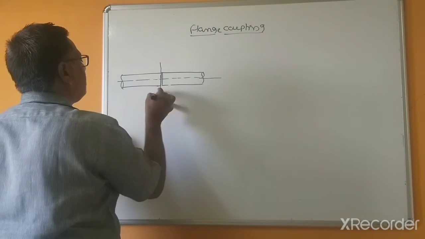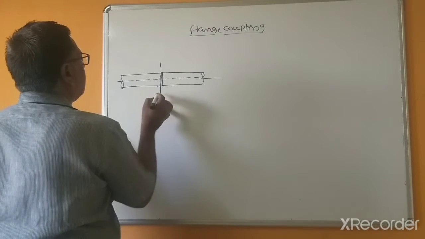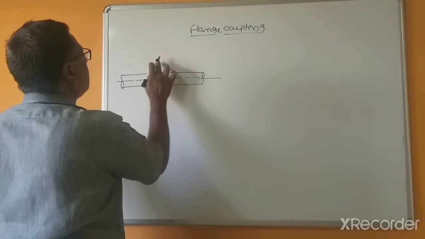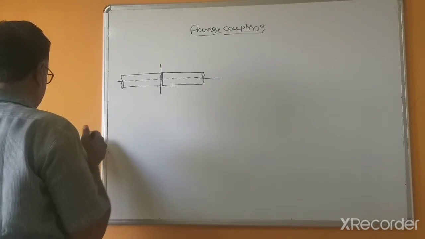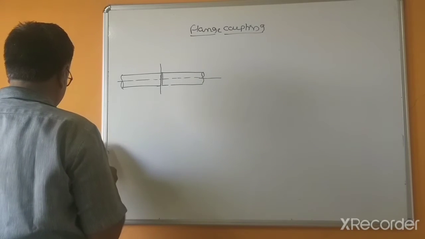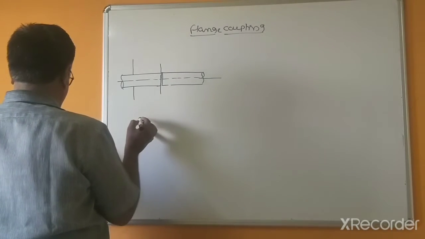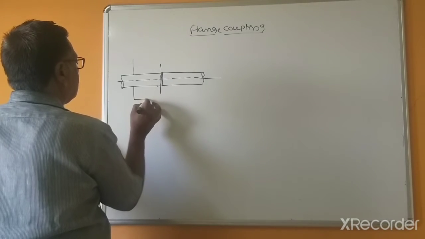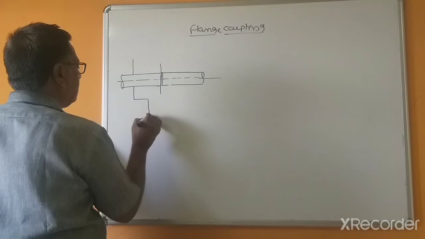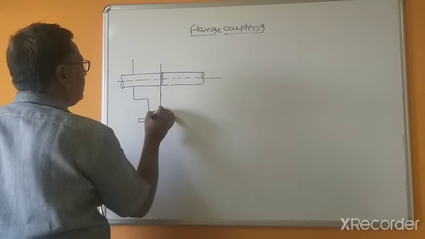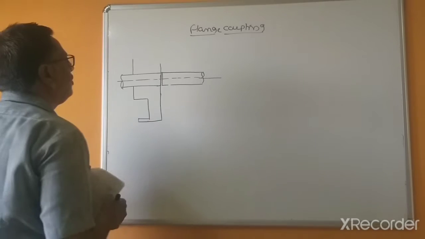And this is the flange or hub, and the dimensions of the hub. Here are two types of couplings: the protected type flange coupling and the unprotected type flange coupling. This is the protected type flange coupling.